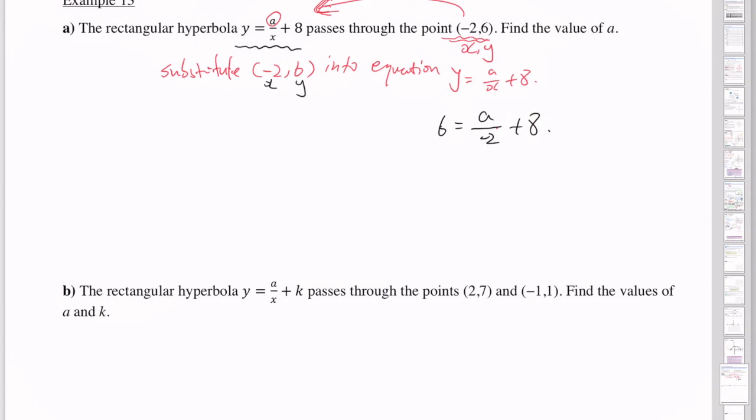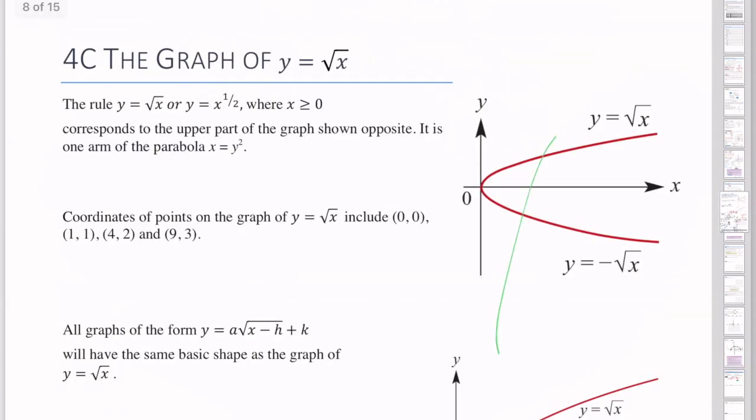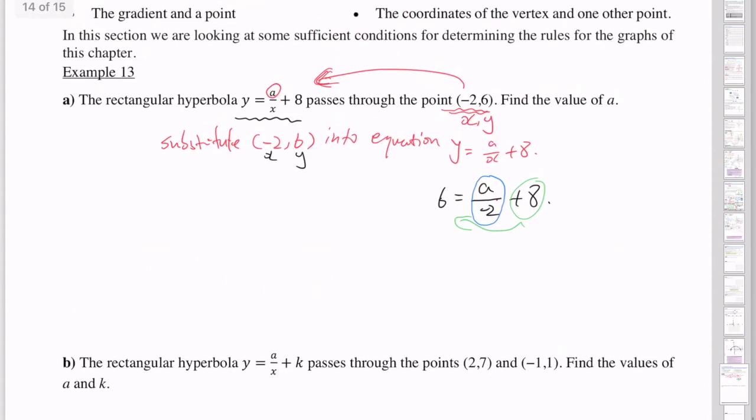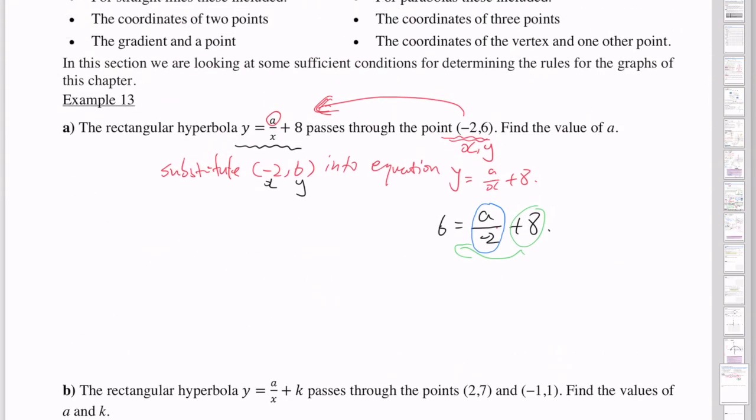Now you see the fraction a over -2, so we leave that as a whole for a while, and then we can move +8 to the other side. We do the opposite operation, so plus 8 becomes minus 8, and we have 6 minus 8 equal to a over -2.